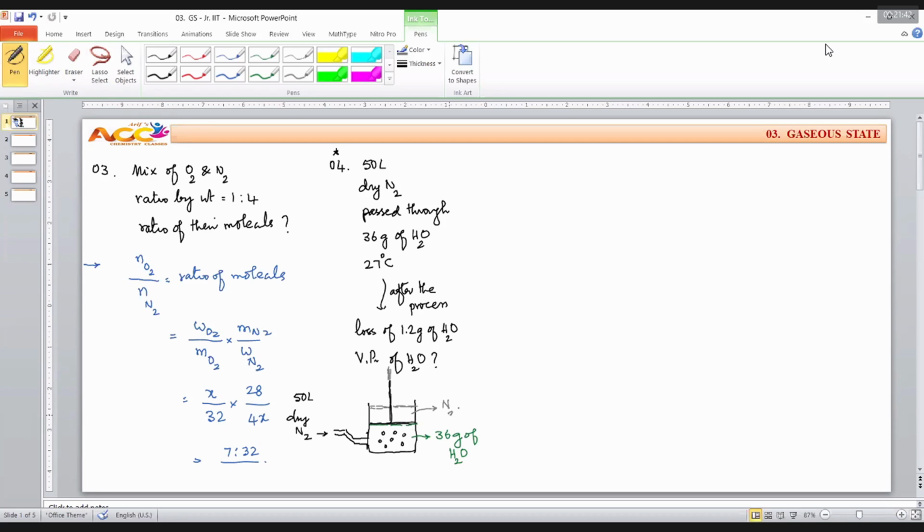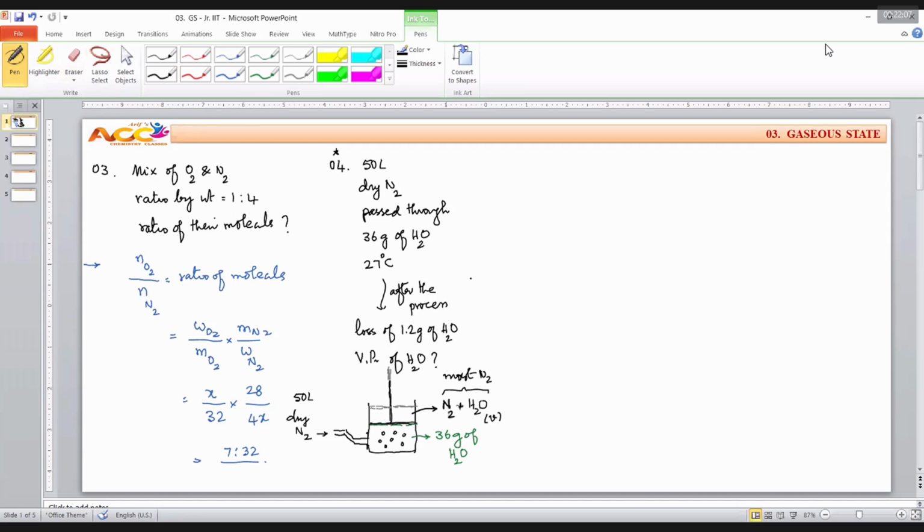It is nitrogen as well as water vapors. Therefore, now I should say, sir, this is known as which nitrogen? Moist nitrogen. Very good. And this is called dry nitrogen. Right? The job is over.